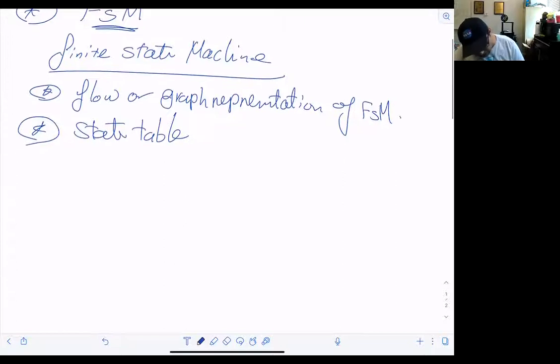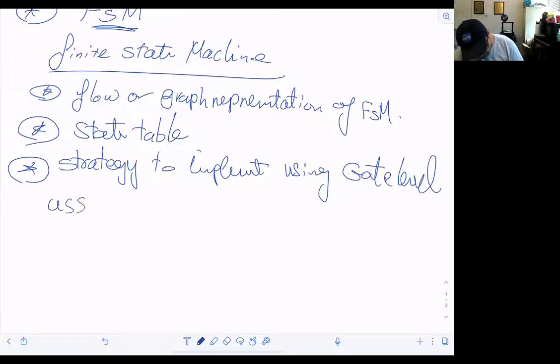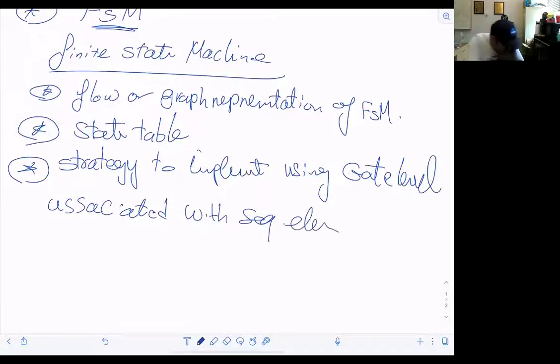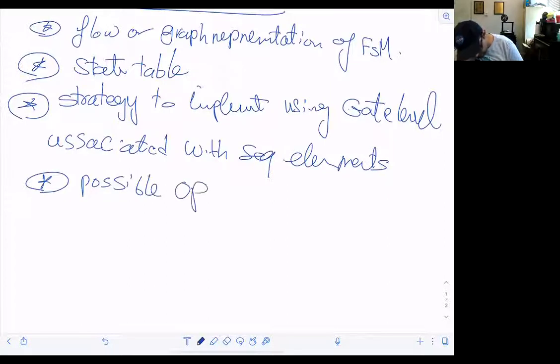State table and strategy to implement using gate level associated with sequential elements, right? And sorry, and possible optimization.